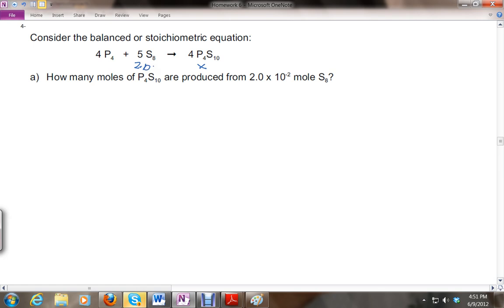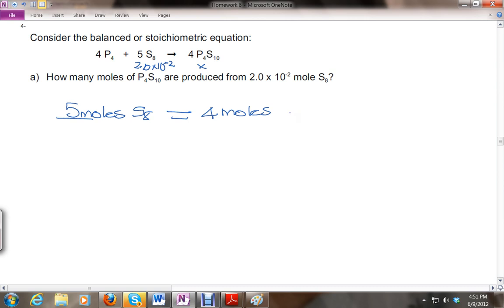2.0 by 10 to the minus 2. Okay, so again we use the stoichiometry, 5 moles of S8, because they're asking for the P4S10. So I put my X underneath and I use my equation, my recipe. 5 moles of sulfur is gonna give me 4 moles.